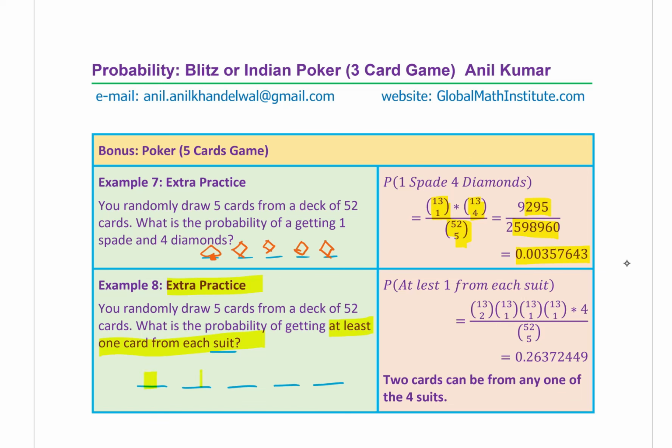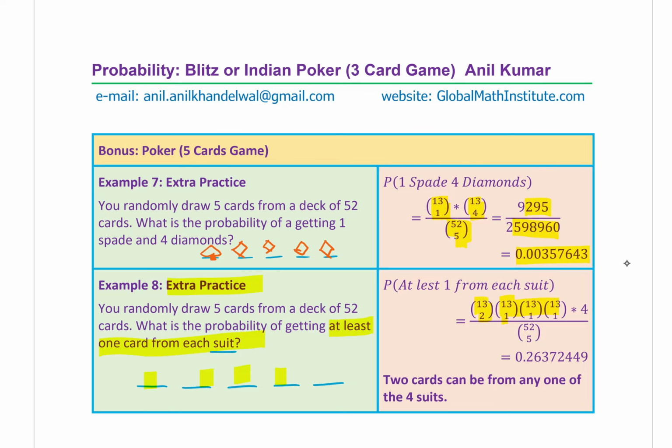So let us say 1 of each kind. Okay. So that is 13C1, 13C1, and 13C1. Perfect. So you get 1 of each kind. Now, 1 of each suit, right? So you get 13 choose 1, 13 choose 1, 13 choose 1. But for one particular suit, you'll have to select 2. Let's say diamonds, you select 2, right?